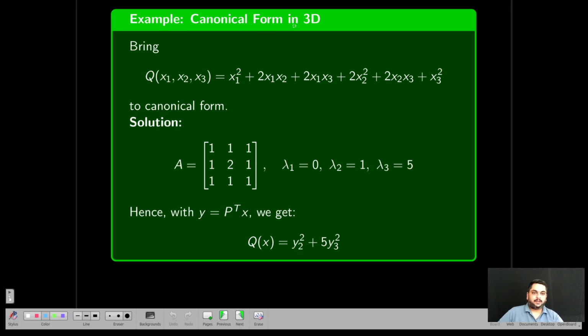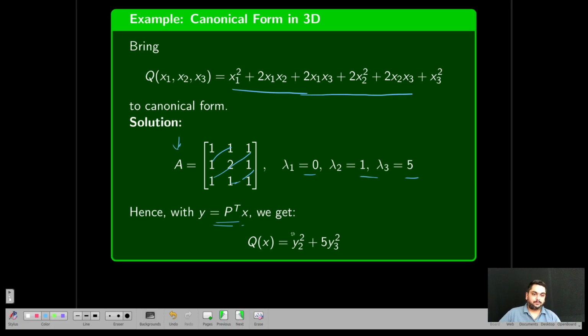So, for example, the canonical form in 3D. Again, this is giving the same equation. Find out the matrix A, which should be symmetric. So check here, it is symmetric. Therefore I can find the eigenvalues for this. They are 0, 1 and 5. And then you get y equal to P transpose x.